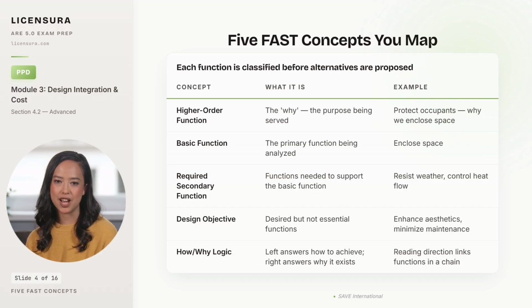And the how-why logic, reading left to right to answer how a function is achieved and right to left to answer why a function exists, is the navigation that keeps the team honest. Get the categories wrong and you cut a required secondary function while thinking you cut a design objective, and the lawsuit follows.